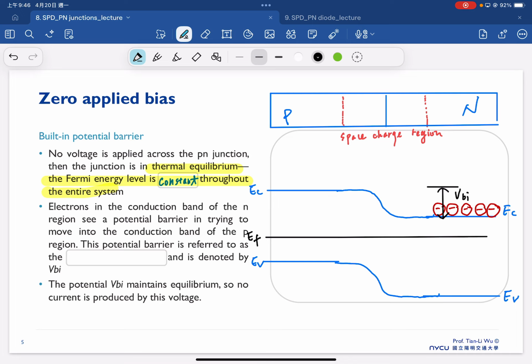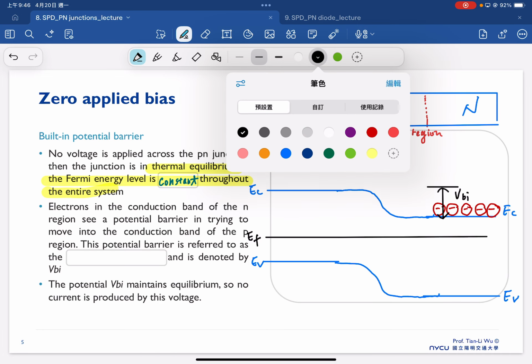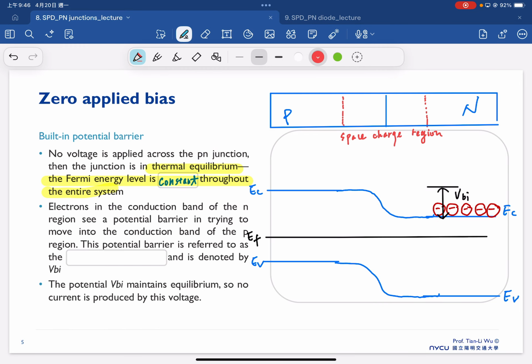And because of this built-in potential barrier, this electron is not able to flow to the left, because the electron sees a barrier that will try to stop the electron diffusion.